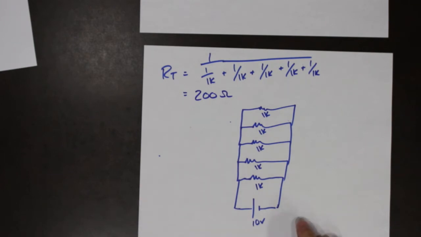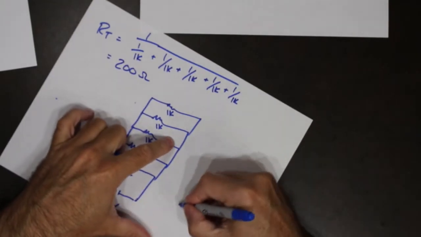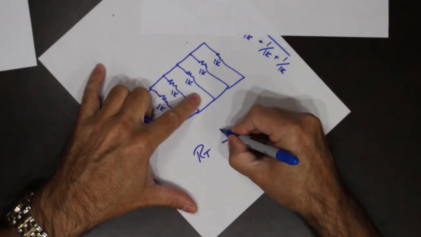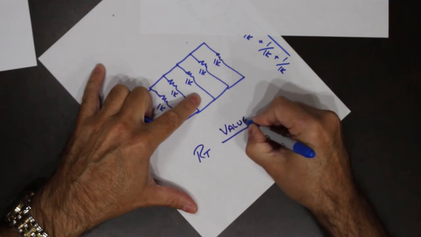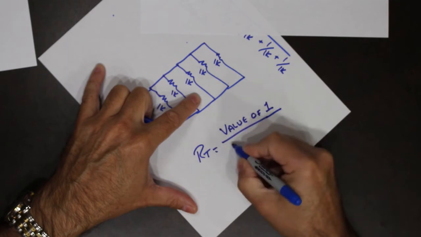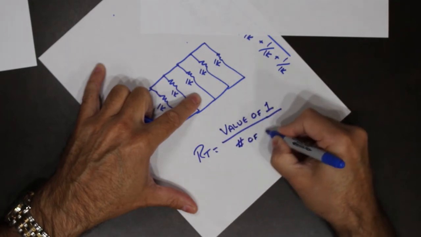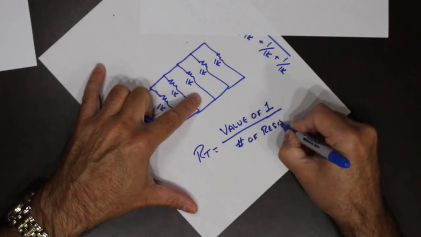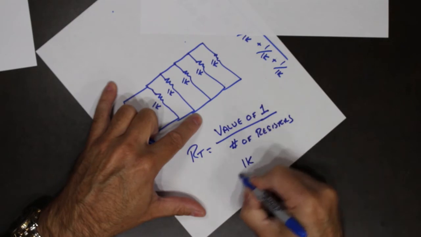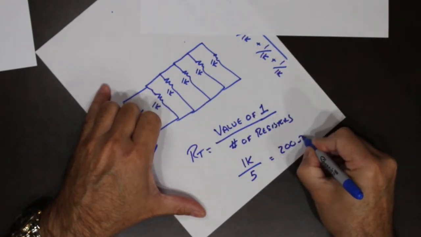The shortcut formula is to actually take the value of one resistor and divide it by the number of resistors you have. So in this case, 1K divided by 5 equals 200.